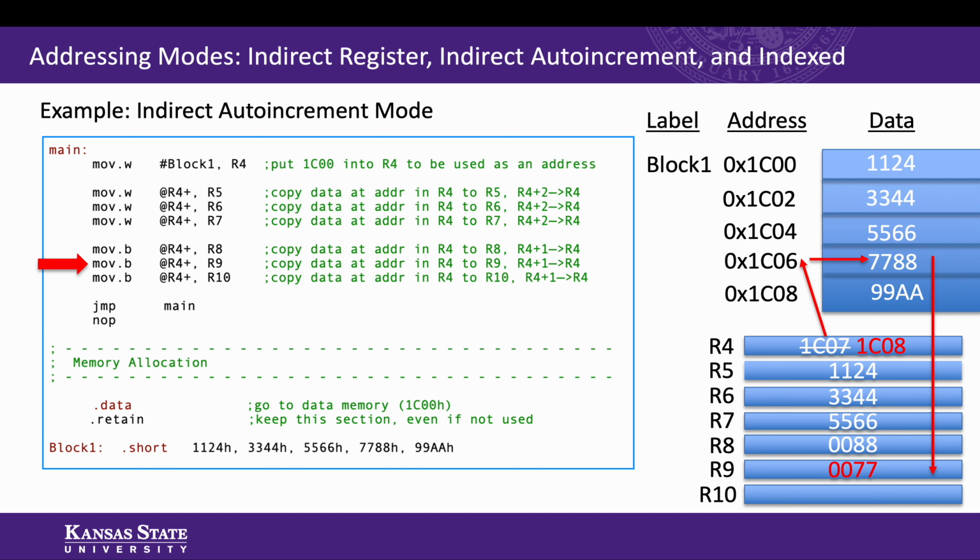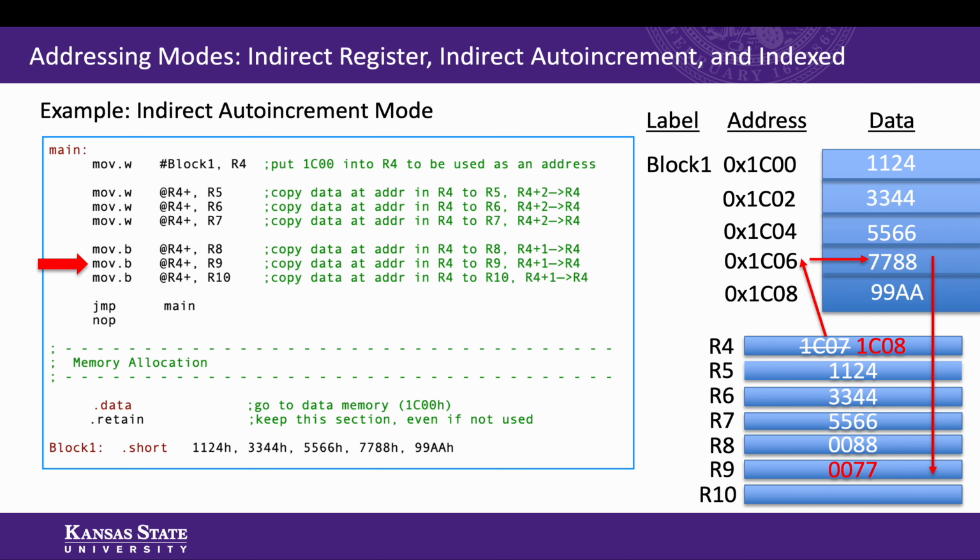Again, we're operating on a byte in this instruction. Currently R4 is storing 1C07, so we get the data 7788, but 1C07 is the upper byte of address 1C06.